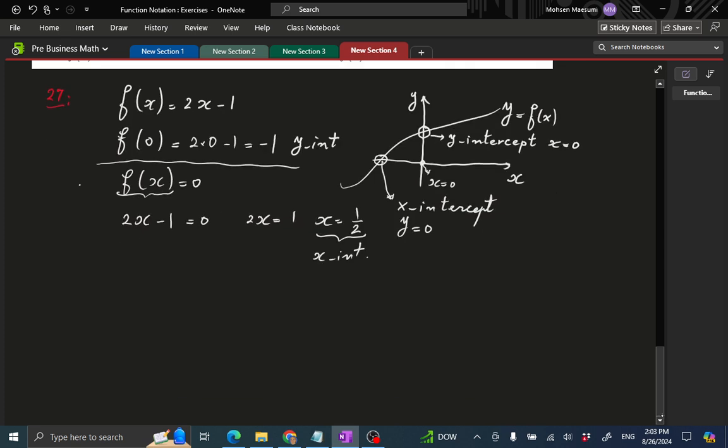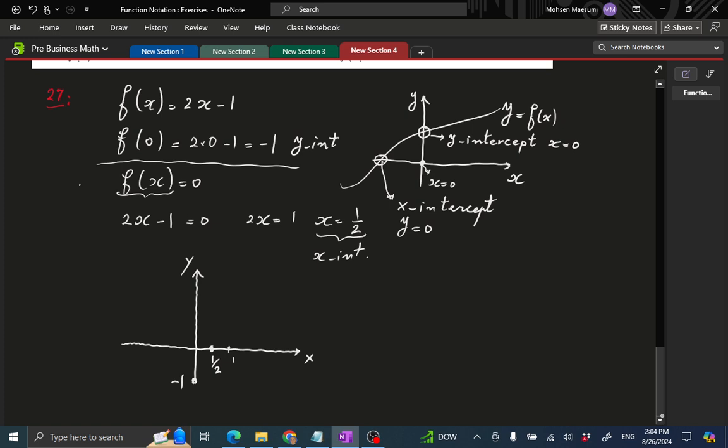So if I have the x-intercept and y-intercept, and I know my picture is a straight line, and these are two different points, then I have my job done. So if I draw the x-axis and y-axis, and I say my y-intercept was -1, suppose this is -1, so this will be 1 on the x-axis, whereas 1/2 is going to be at the half point here.